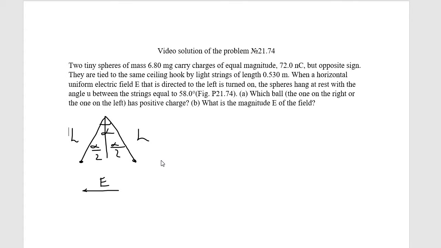So, based on those statements, I would say that the left sphere has a positive charge, while the right one has a negative charge. So that's basically the answer for part A.